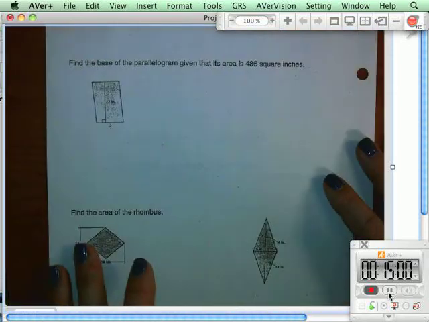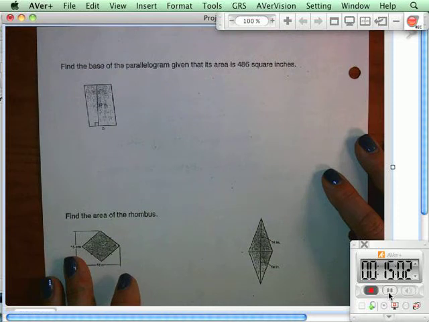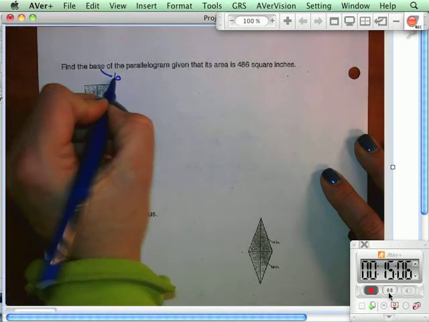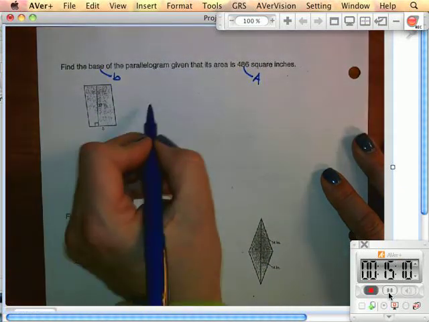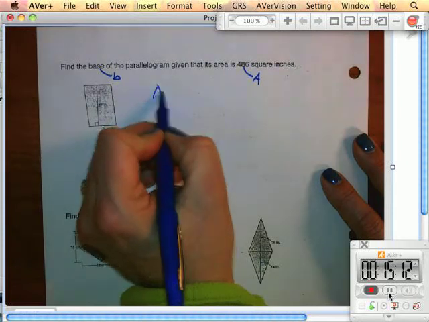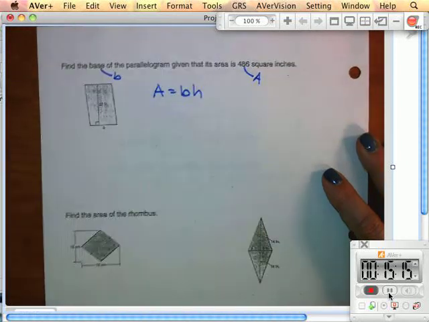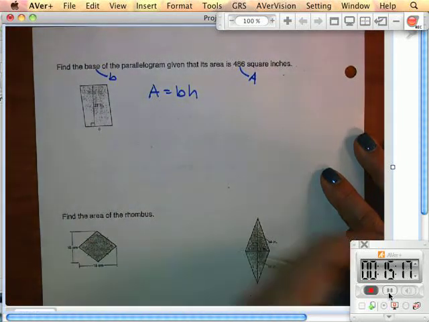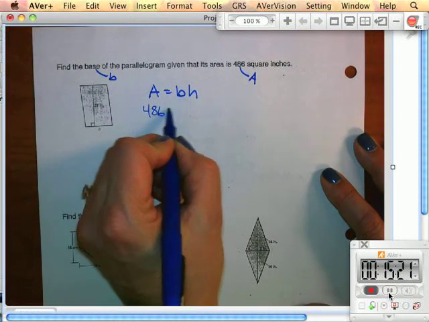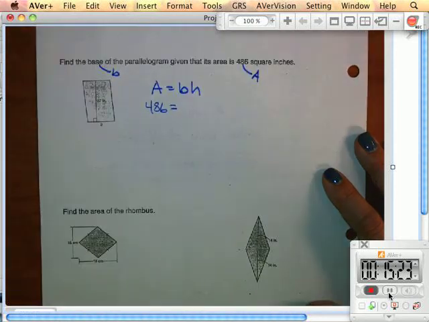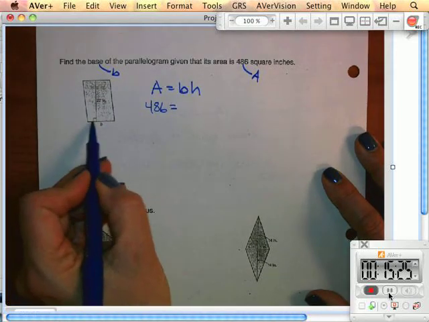Okay, find the base of the parallelogram given that its area is 486 square inches. I don't know the base. They gave me the area. So if I'm working with area of a parallelogram, I just write down the formula and plug in what I know. Substitute. I know area is 486, so I'm going to substitute A with 486. Do I know the base?